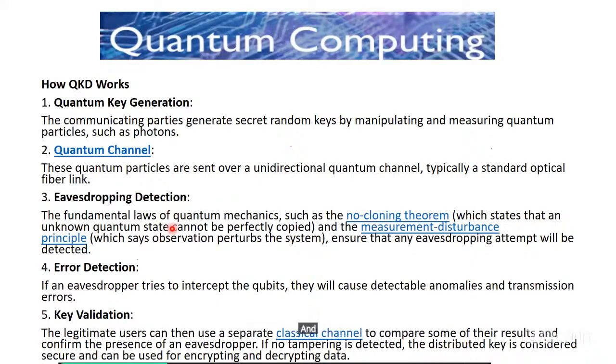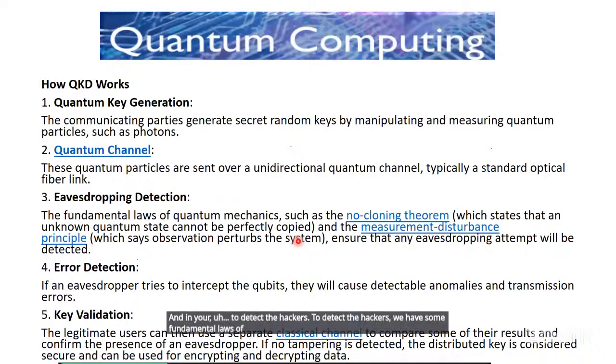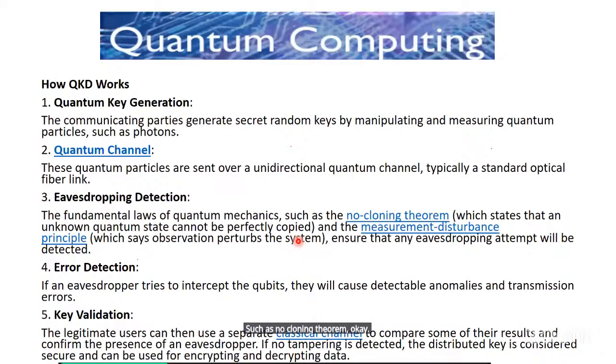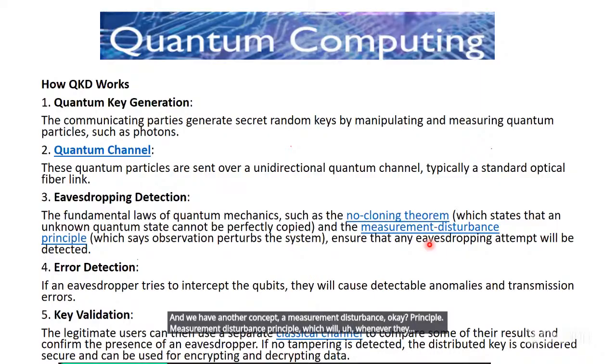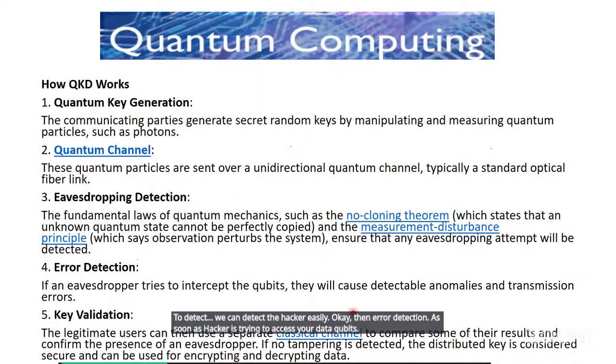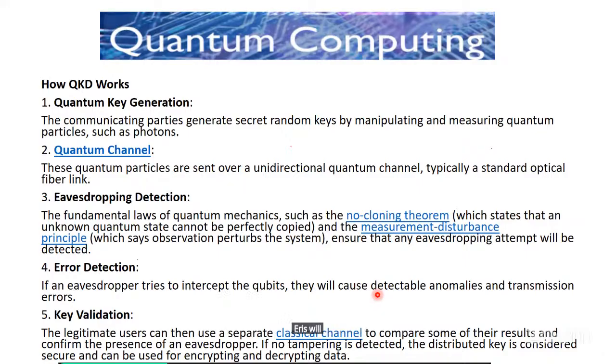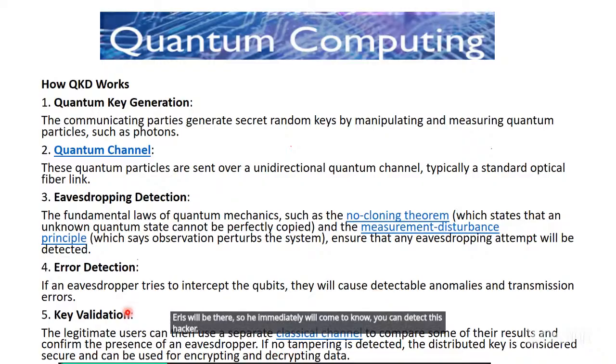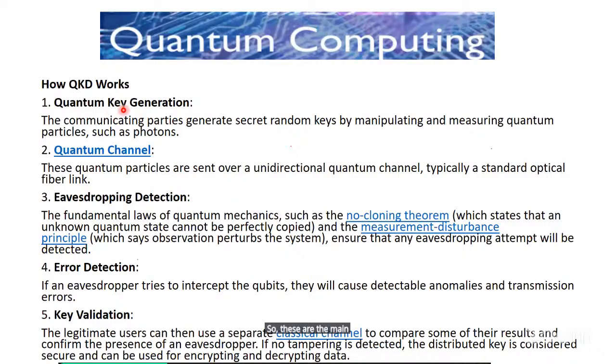To detect hackers, we have fundamental laws of quantum mechanics, such as the no cloning theorem, which does not allow duplication, and the measurement disturbance principle, which helps us detect the hacker easily. Then error detection: as soon as a hacker tries to access your data qubits, there will be changes in the quantum signals, some transmission errors, so you immediately come to know and can detect the hacker. These are the main concepts of how QKD works.